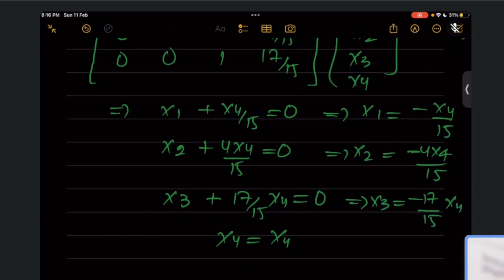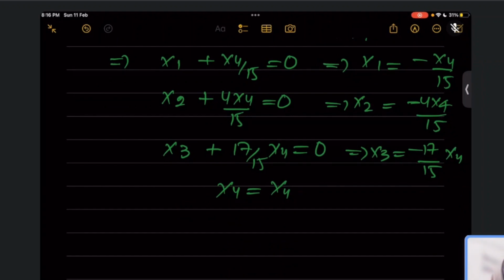And x4 is x4. So what was the null space? The null space was nothing but the x vector, which had x1, x2, x3, x4 entries, right?